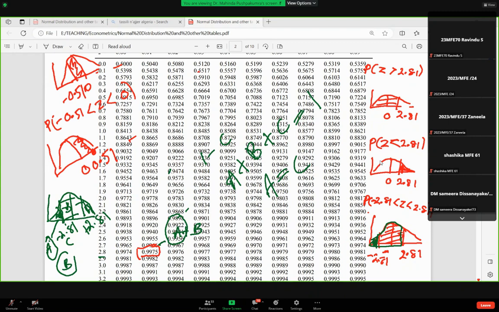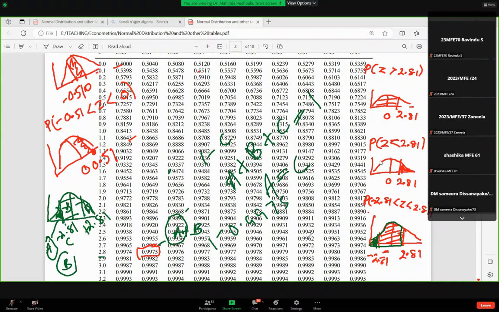A plus B is 0.9975. Then you can take 1 minus 0.9975, which is the area C. Then this value you can subtract from 0.9975.